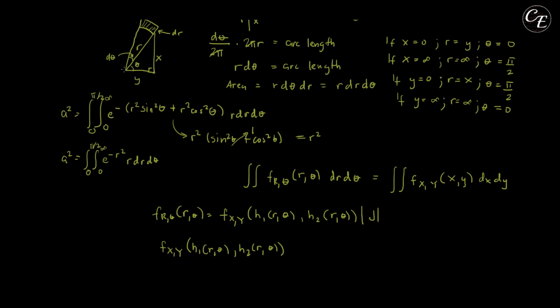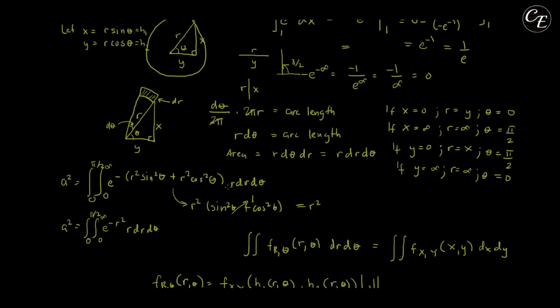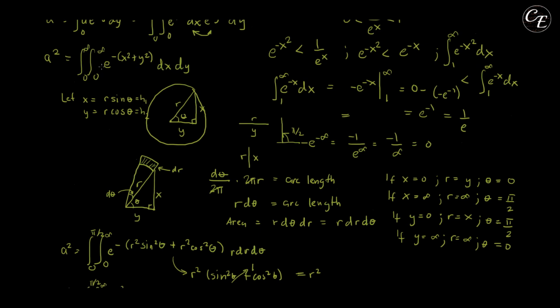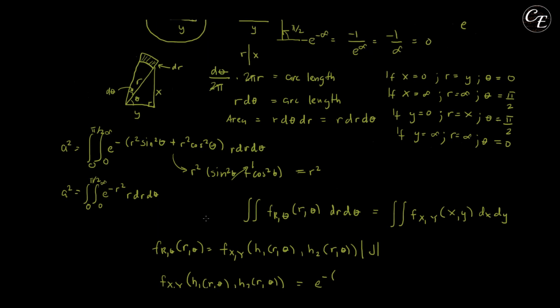Now this one is equal to the original f for x and y, which is this one, e raised to negative x squared plus y squared, substituted for h1 and h2.